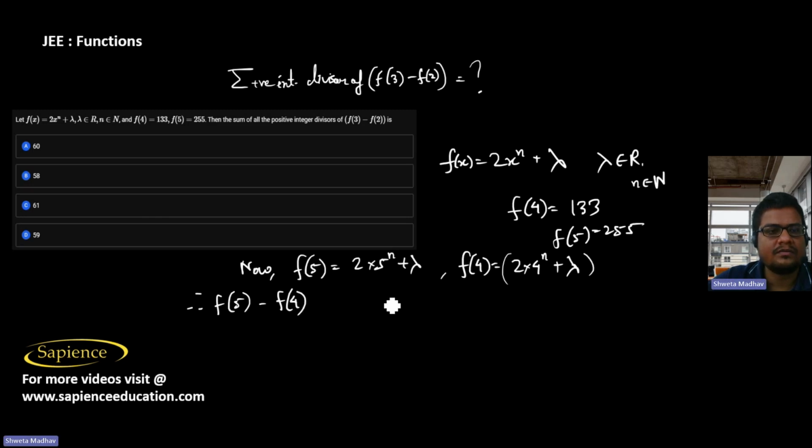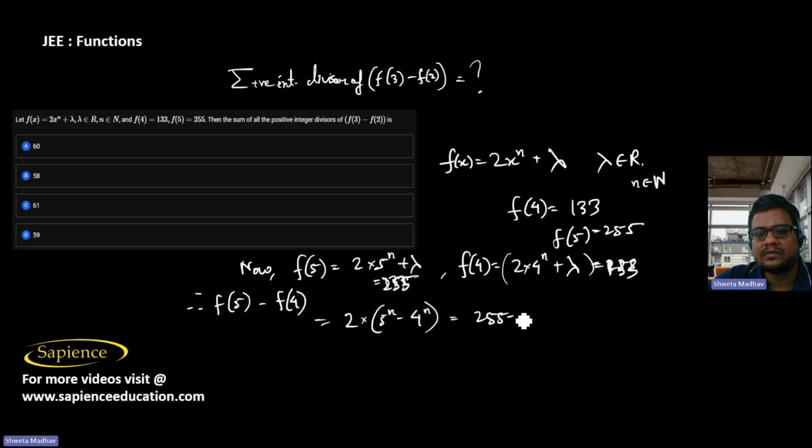This value is 133, no, this value is 133 and this value is 255. So therefore f of 5 minus f of 4 will be equal to 2 into 5 power n minus 4 power n, since lambda will get cancelled. So this is equal to 255 minus 133.